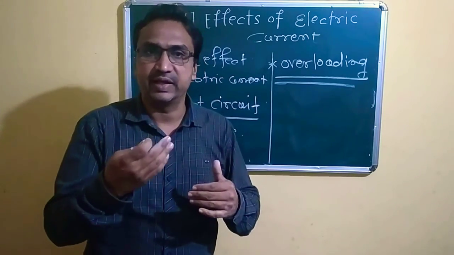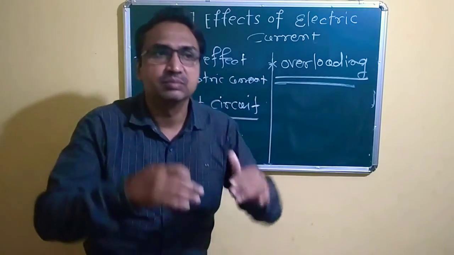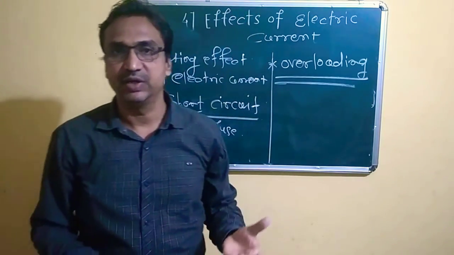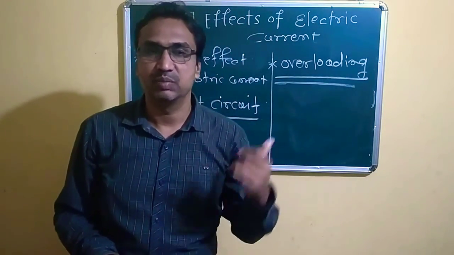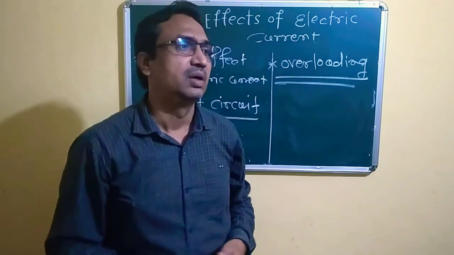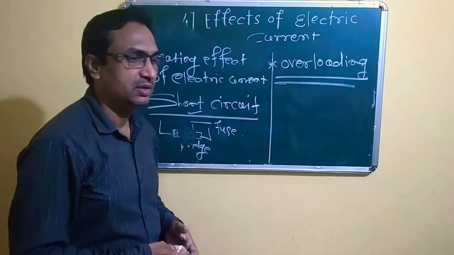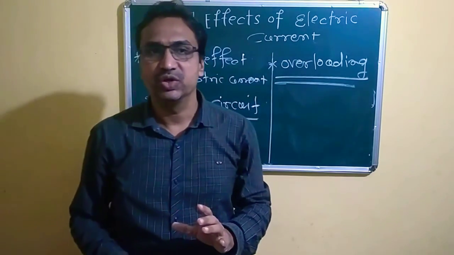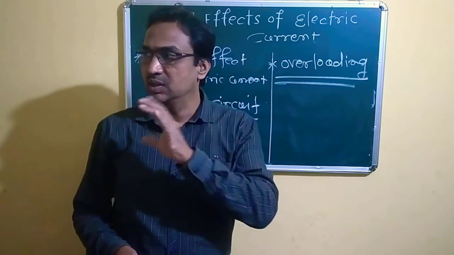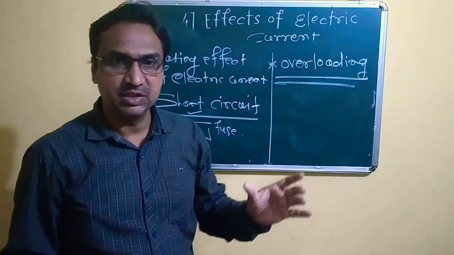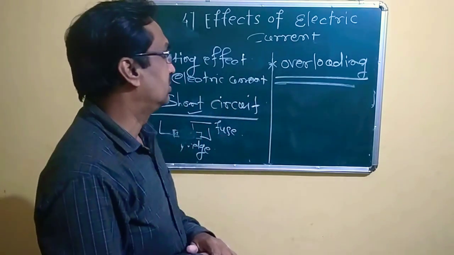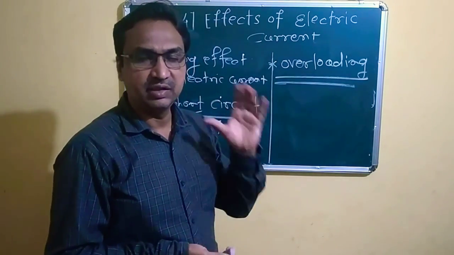If our need is greater than the energy supplied to you, the electric energy supplied by MSEB, then in the summer season we can easily see that our refrigerator is switched on, the fan is going on, and the AC is there, and many different bulbs and light devices are there.